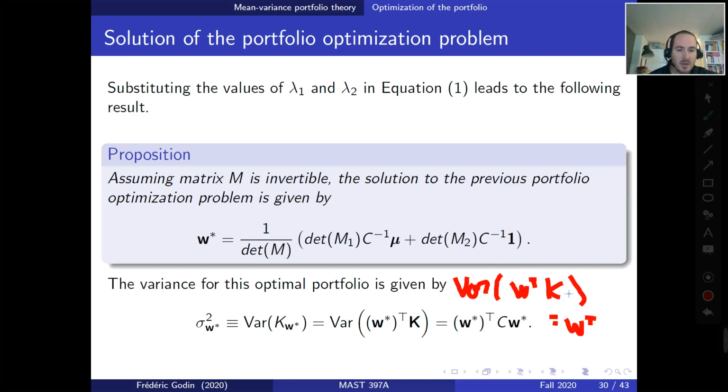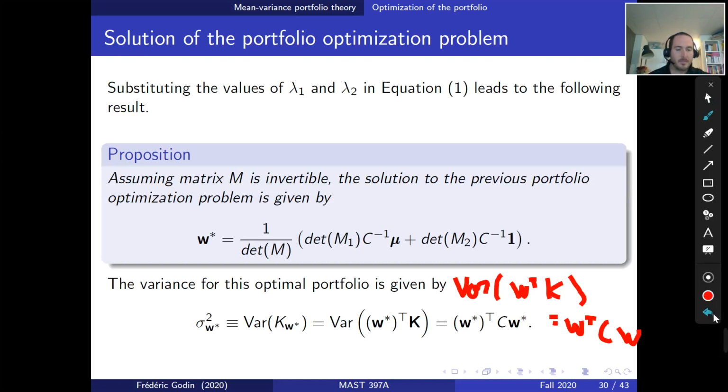For the optimal portfolio we've identified, W is simply replaced by W star, the optimal weights, and this gives you the variance of your optimal portfolio. So this solves our problem of finding, across all portfolios which have an expected return of M, the one which has the smallest variance.